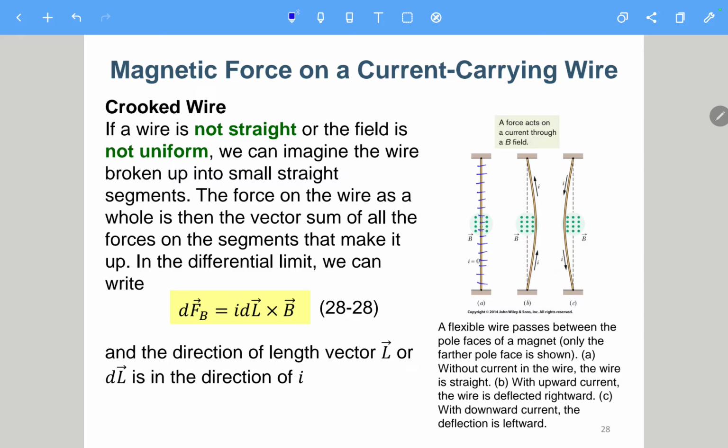For every segment, it is straight, and the B field in that area is uniform, and then you can get dF_B for every small segment by this equation, and then you just need to integrate all the dF_B on the wire so that you get the total force acting on the wire. So nothing special, something similar to what we have done before.